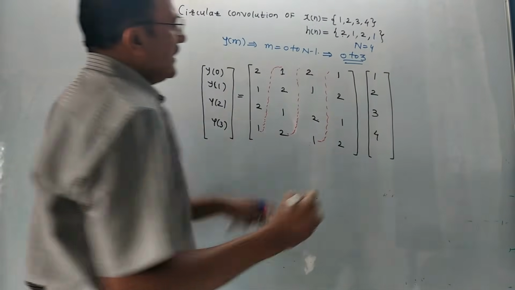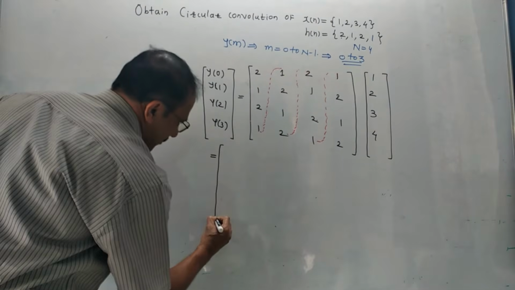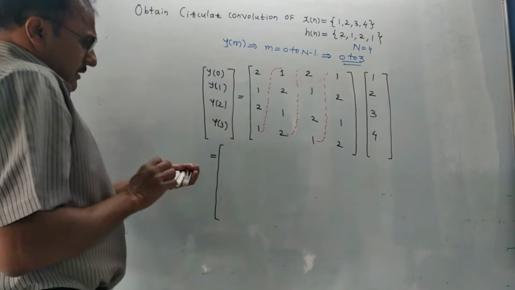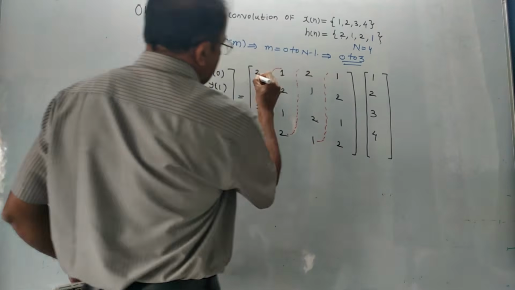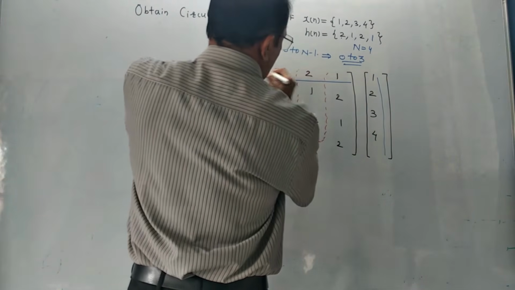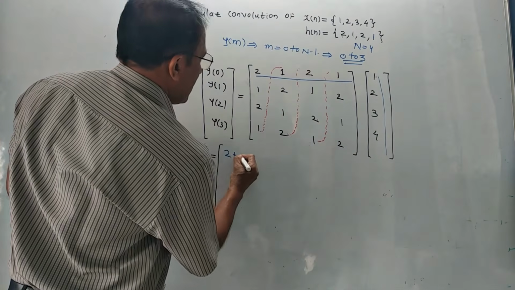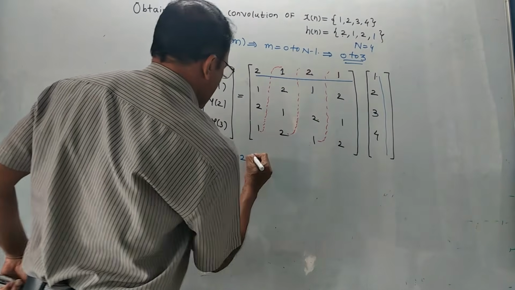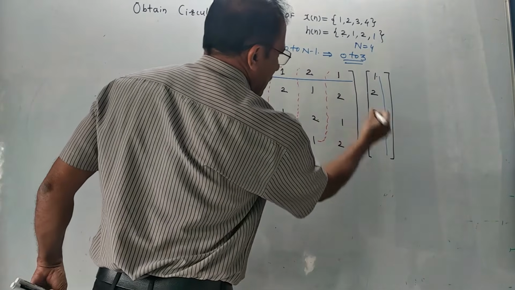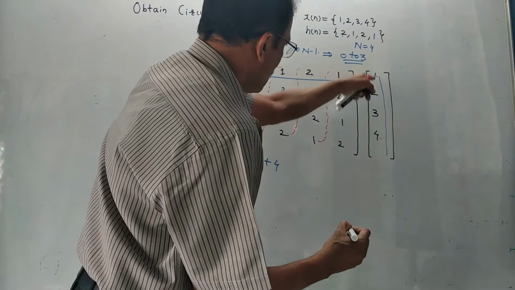Now simply you have to take matrix multiplication. I hope you are aware how to perform matrix multiplication. Those who have forgotten, consider this row and this column. Multiply individual elements. That is 2 into 1, it becomes 2, then 1 into 2, plus 2, then 2 into 3, plus 6, then 1 into 4, plus 4. Then consider second row, same column.